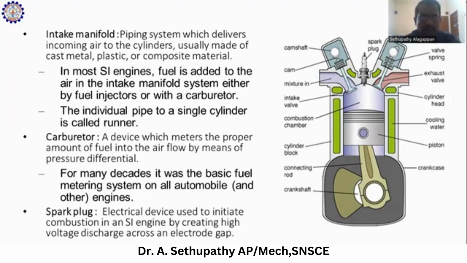In most SI engines, fuel is added to the air in the intake manifold system either by fuel injectors or with a carburetor. The individual pipe of a single cylinder is called a runner. Then the carburetor is the device used to mix the air and fuel. And the spark plug is the ignition system inside the chamber for the air-fuel mixture.